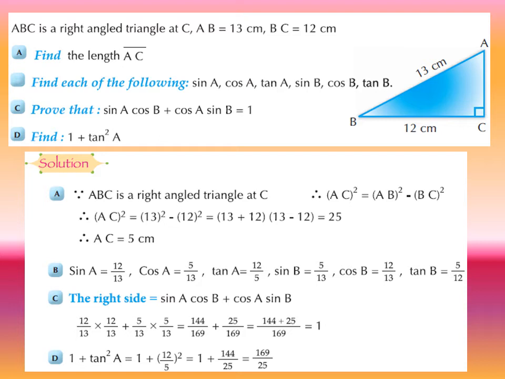The last required, 1 plus tan squared A equals 1 plus 12 over 5 all to the power 2 equals 1 plus 144 over 25 equals 169 over 25.